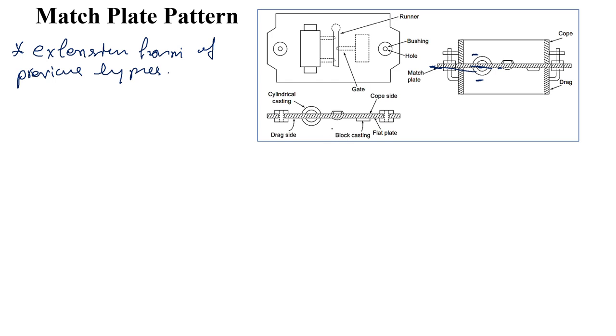So after the mold is prepared, the match plate can be removed. The complete pattern with the match plate is entirely made of metal, such as aluminium, for its light weight and machinability.